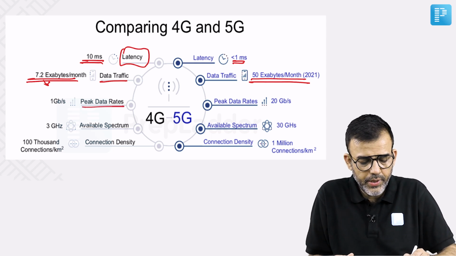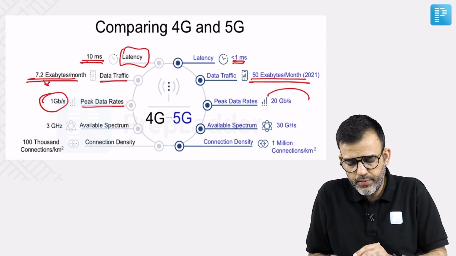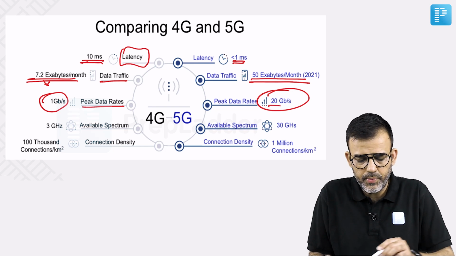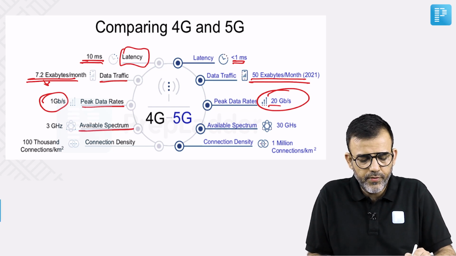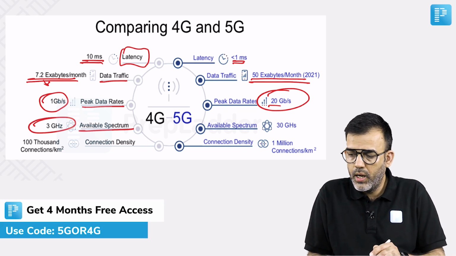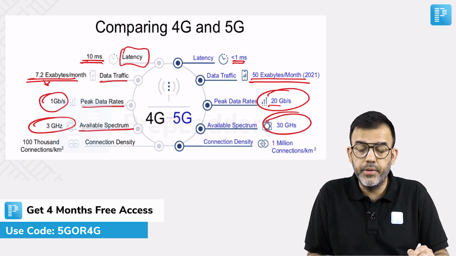Peak data rates, 1 Gbps in 4G, and it will increase to 20 Gbps in 5G. Spectrum availability, 3 GHz spectrum is available with 4G, and in 5G it will become 30 GHz.